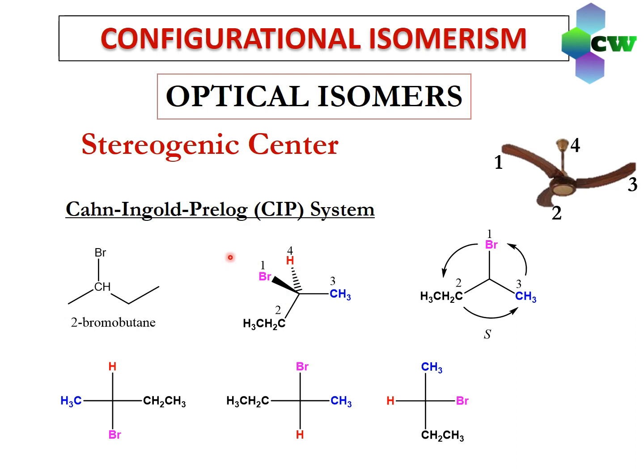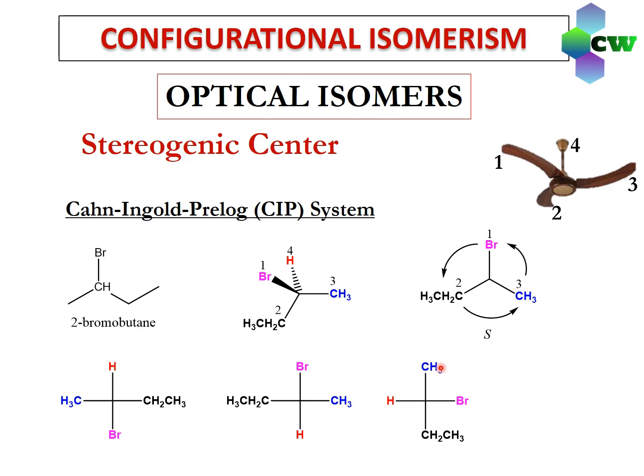So if you are standing right here and looking at this stereogenic center from this angle, bromine will appear as if it is to your right because it is in front of the screen, and H will appear as if it is to your left because it is into the screen. So bromine will be drawn to the right, H to the left, and this CH3 will appear as if it is up towards your forehead, and this ethyl group as if towards your chin.